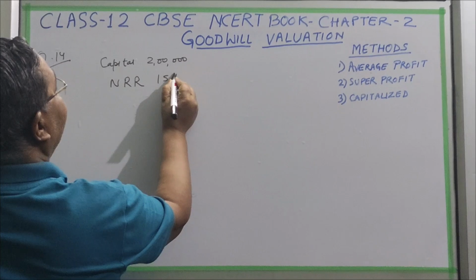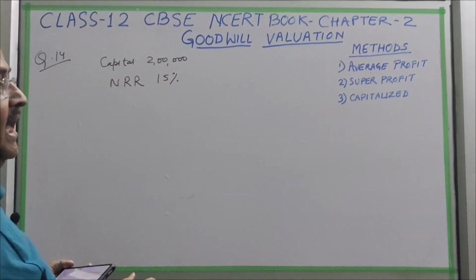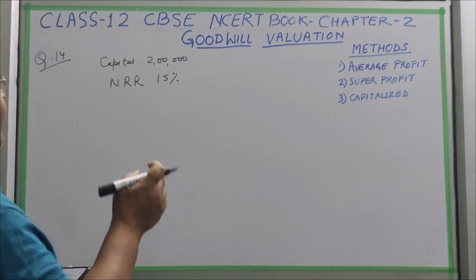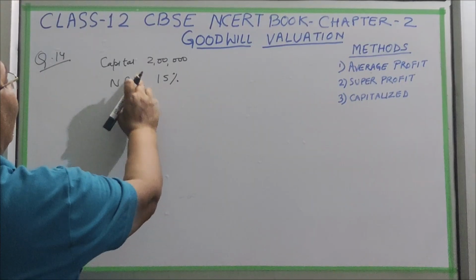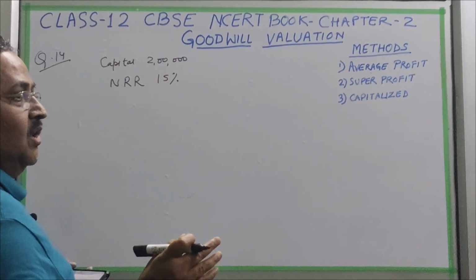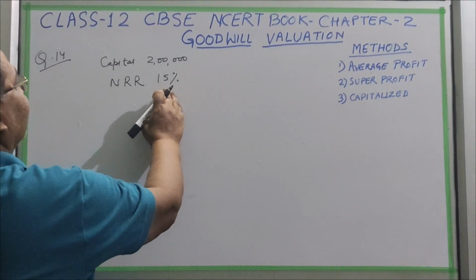15%. Normal rate of return means if any other firms are working, they are normally earning 15% return on capital. So other firms in the market are earning 15% of their capital.